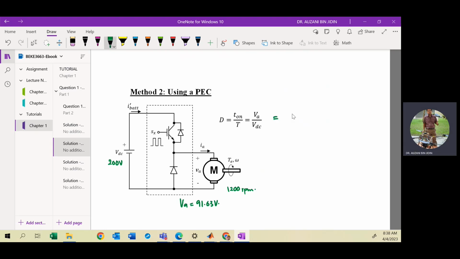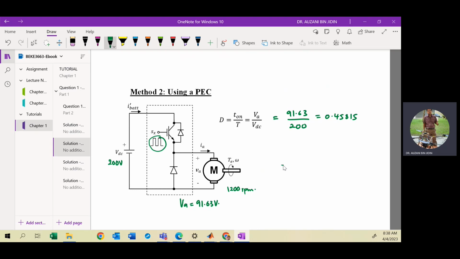D is your VA, 91.63, divided by 200. So you get the value 0.45. Make sure your D value is in the range between 0 and 1. It cannot be larger than 1 and it cannot be negative. This is the duty cycle of your pulse width modulation here.